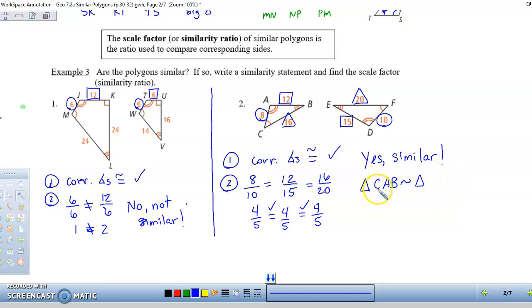Okay, so angle C is marked the same as angle F, so F would come first. Angle A is marked the same as D. And angle B is marked the same as E. So this would be my statement. Okay, and then my scale factor or similarity ratio would be the reduced version of the fractions. So in this case, my similarity ratio would be 4 to 5.